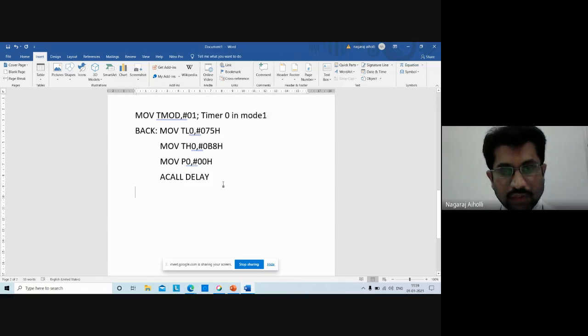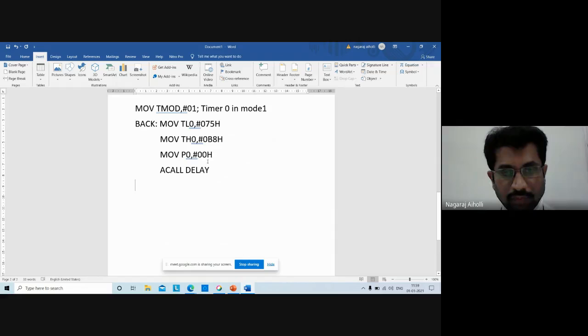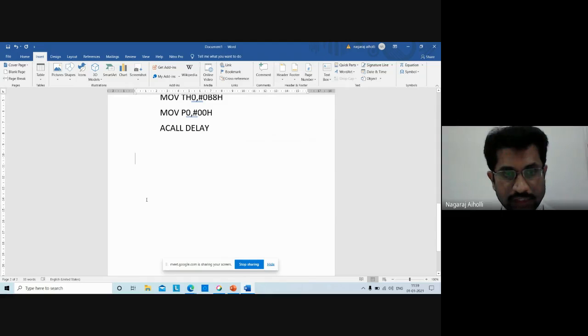So once the delay is called, first we are making all the pins of port 0 low. The delay subroutine we have to write separately, starting from some memory location.